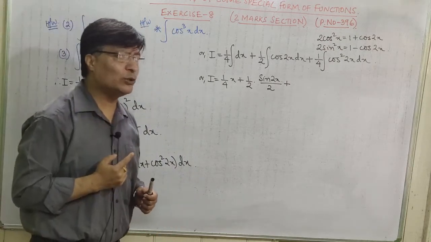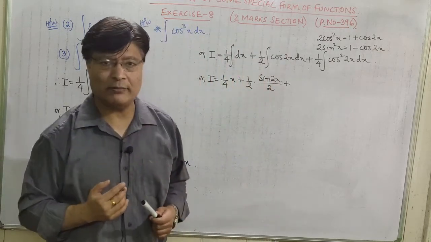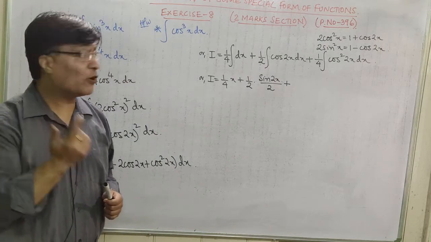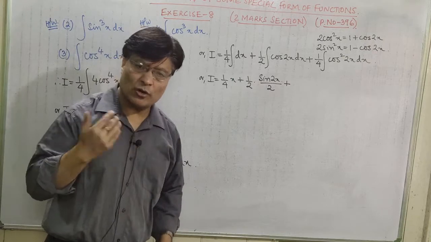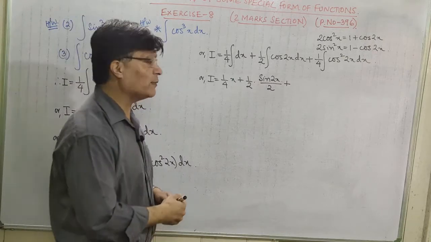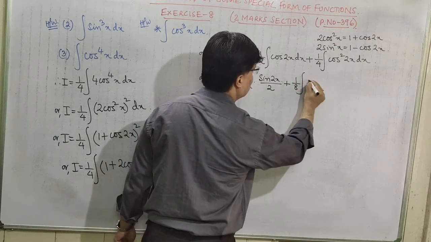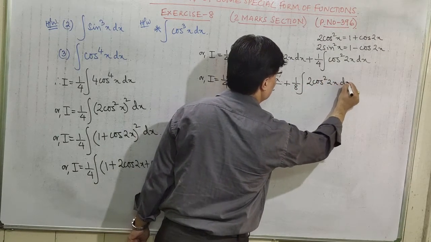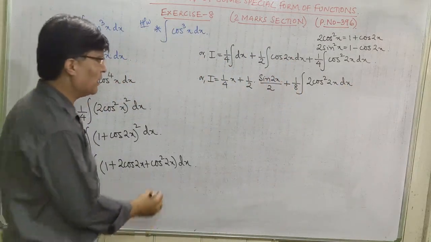I already told you that whenever you have cos square or sine square, you should convert it into multiple angles form, that is, the form of 2 cos square x or 2 sine square x. So since this is cos square 2x, you should multiply and divide by 2. So this is 1/8 integration of 2 cos square 2x dx. If you write 2 here, you can easily write down the formula, right?